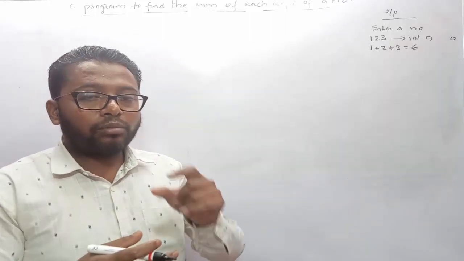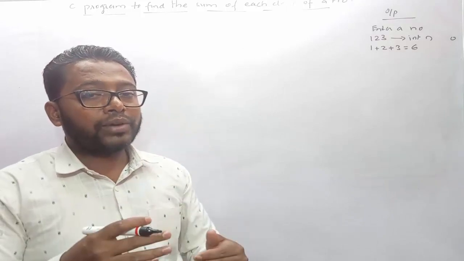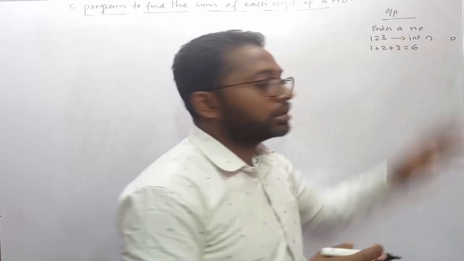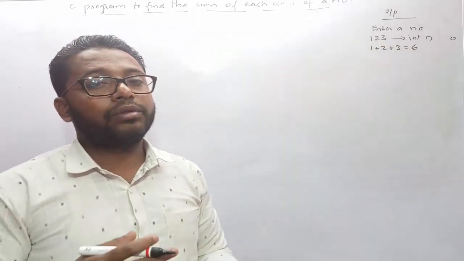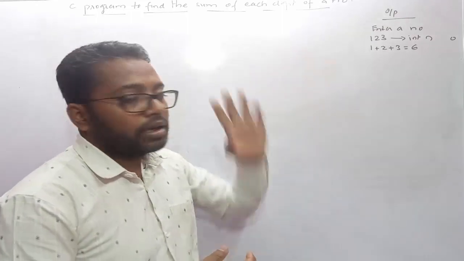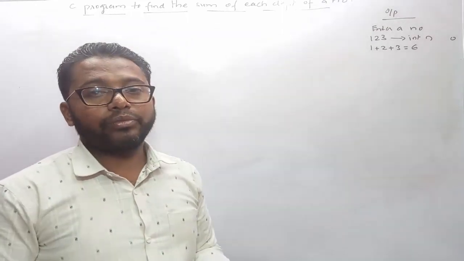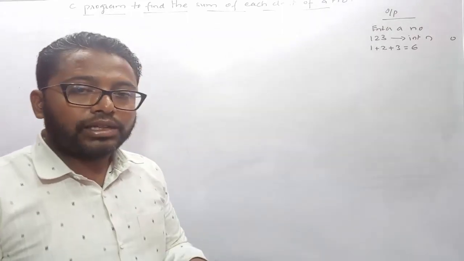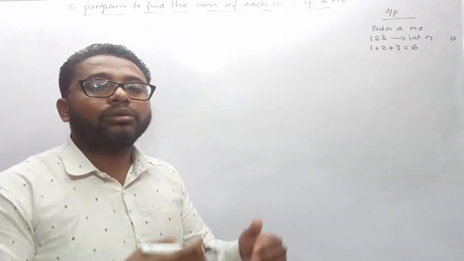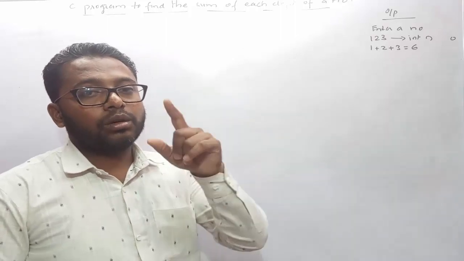We need to perform the task until the value of 123 becomes 0, and we don't have any idea after how many iterations the value of n will become 0. So that's why, if this is the situation where you don't have any idea how many times the loop is going to execute, then you must use a while loop.